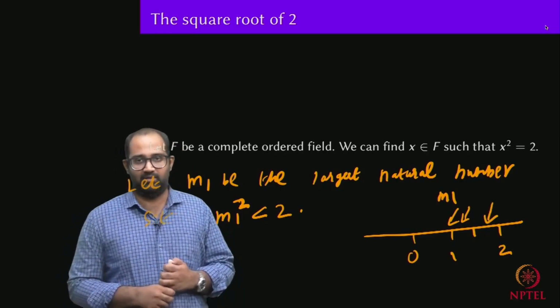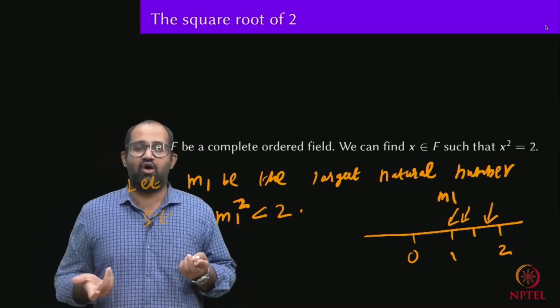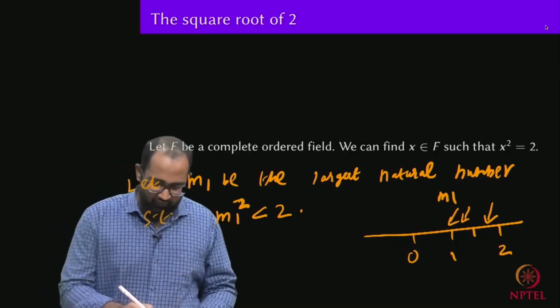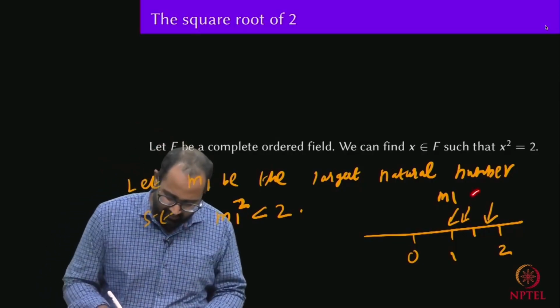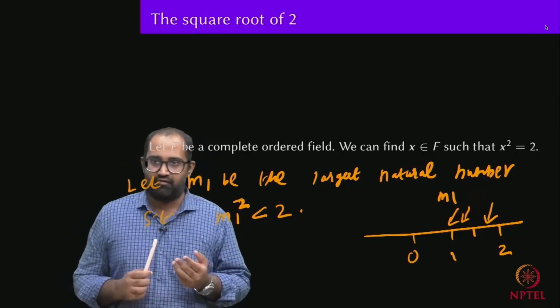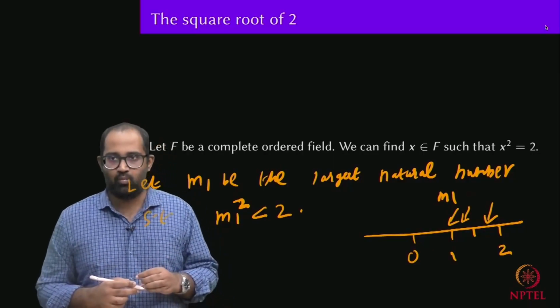There are only two possibilities, right? 2 cannot be the square root of 2 because 2 squared is 4. So, we already know where it is going to be. It is going to be here, but again bear with me for a moment. It is either in the left half of the interval [1, 2] or the right half of the interval [1, 2].